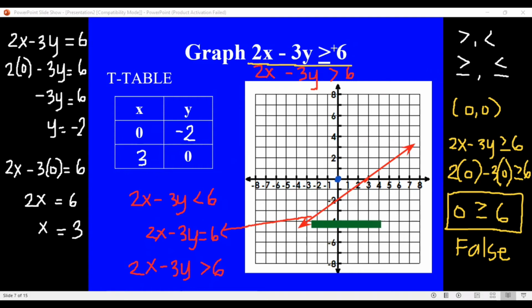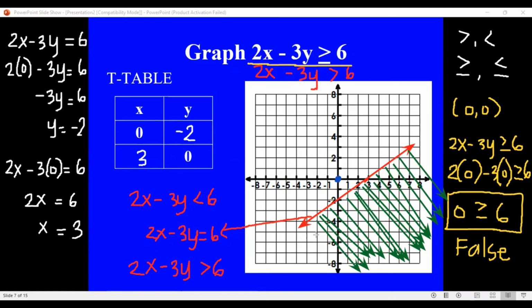I will just draw some lines. Okay, all these points that you can see here are the considered solution for the inequality. So all of the points that are under this line. Okay, and then suppose our equation is less than or equal to 6, then you have to shade the other part, the other side of your line.